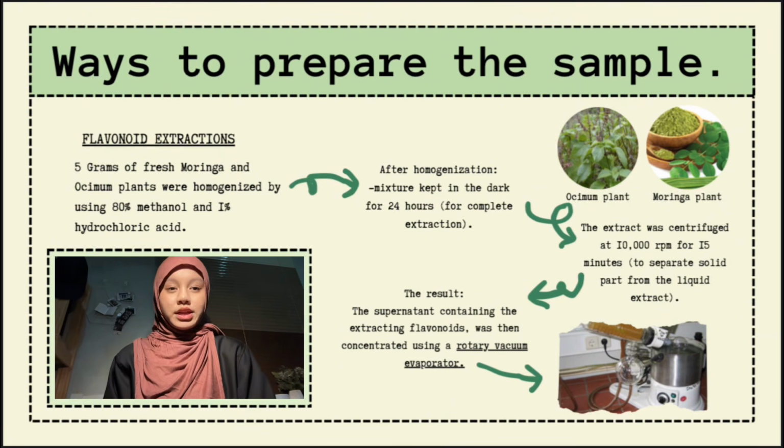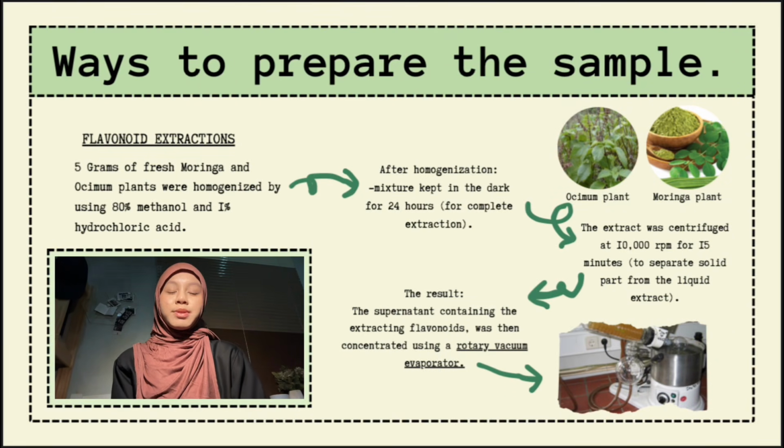For flavonoid extraction, 5 grams of fresh plant material, specifically the leaves and flowers of both moringa and ocimum, were homogenized. This was done using a solvent mixture of 80% methanol in 1% hydrochloric acid. After homogenization, the mixture was kept in the dark for 24 hours to ensure complete extraction of the compounds.